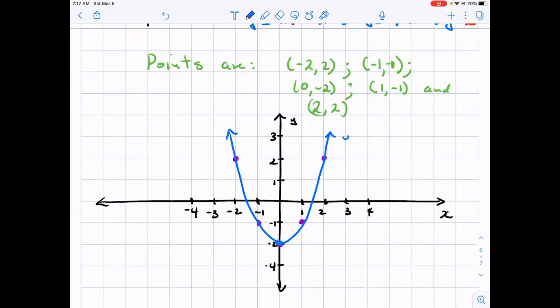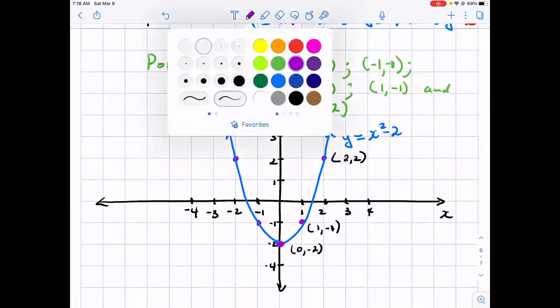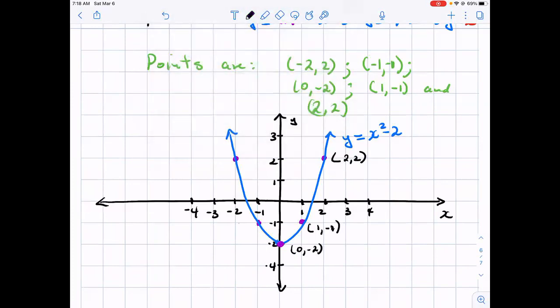So the equation here is y equals x squared minus 2. You don't have to write them in, but I'm writing them to confirm that I didn't make a mistake. This is 2, comma 2. This is 1, comma minus 1. This one here was 0, comma minus 2, because there is a point there hidden. This one here is minus 1, minus 1. And this one here is minus 2, comma 2.